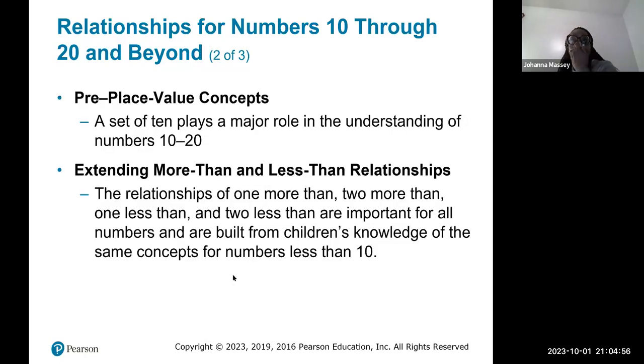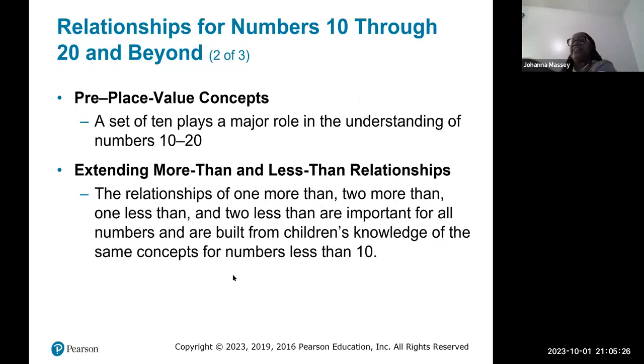So when they learn the relationships between 10 and 20, then we're going to pre-place value. And you can kind of see that because the first place value is ones, then we're going to tens, right? So when we start building that understanding, we say, okay, you count out whatever 15 is, and then you represent the 10 as something.